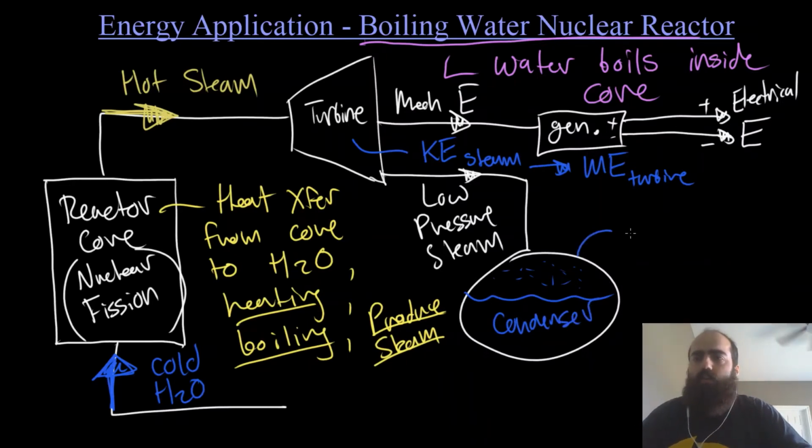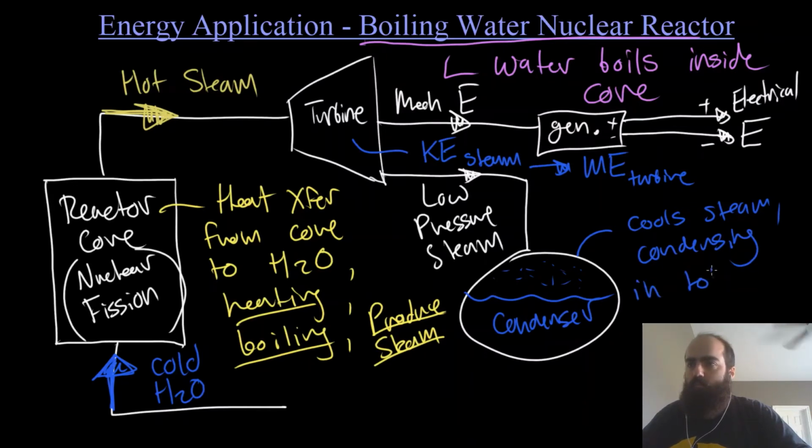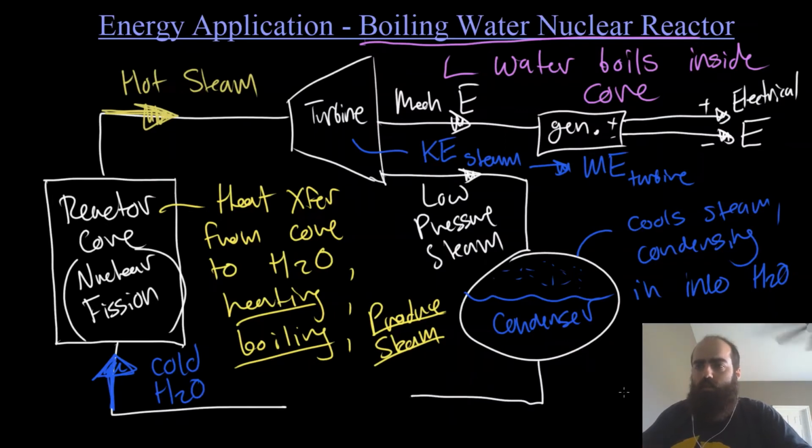And your condenser is basically just going to cool the steam to bring it back to water, condensing it into water. And so water is coming out. You've got your cold water coming out.